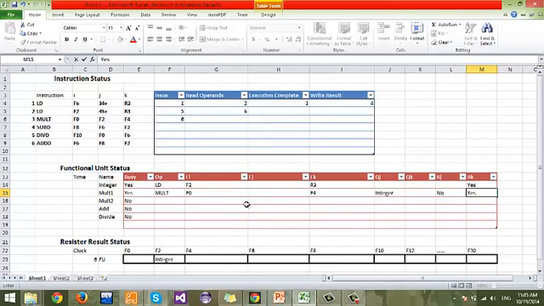Probably we have to stall mult instruction in the next clock cycle. And what will be the condition of register result status? Let's see. F0 is going to be written by mult1. Mult1 is the functional unit. Okay, fine.